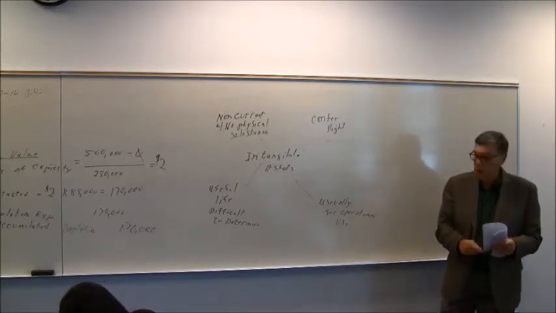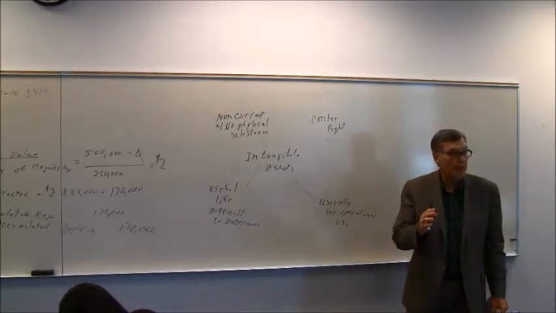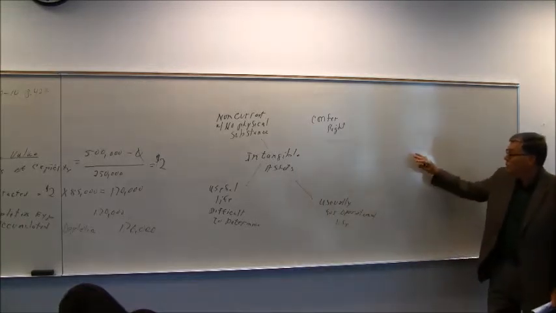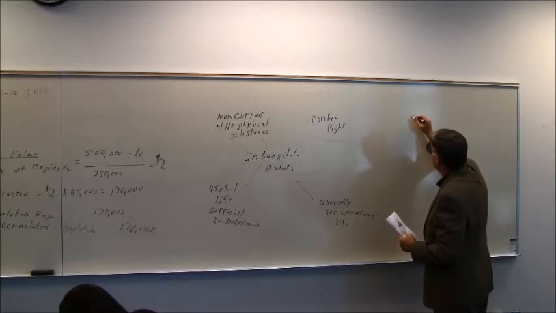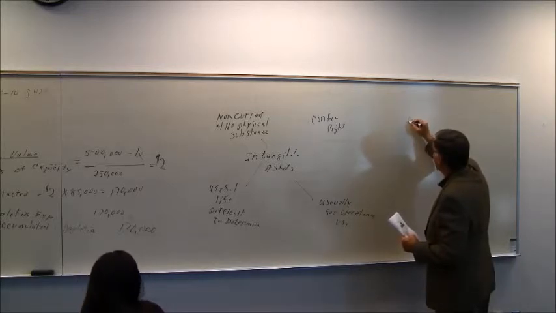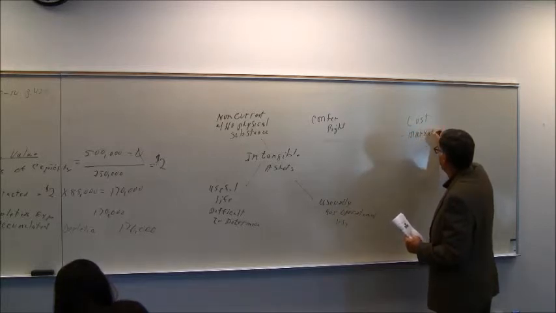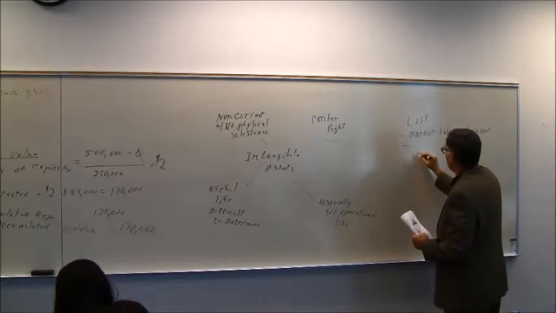Goodwill. Now, goodwill comes about only when you buy a business, right? So when you buy a business, what you have here is the cost minus the market value of the assets, and that equals goodwill.